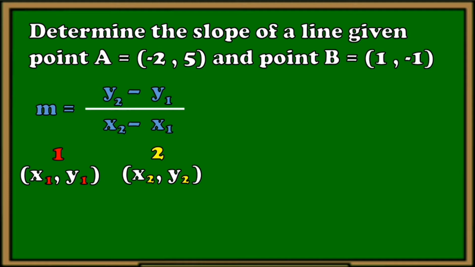Now let's say we're going to put point A under the number 1. The coordinates of point A, -2 and 5. And under number 2, we're going to put point B. The coordinates of point B, 1 and -1.